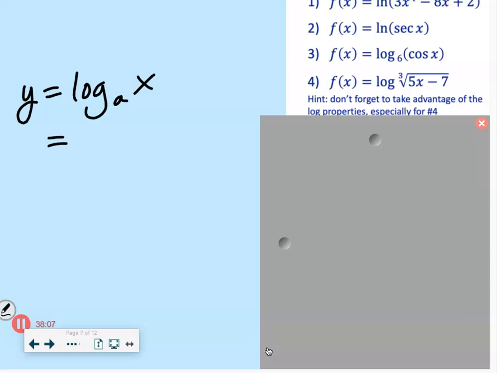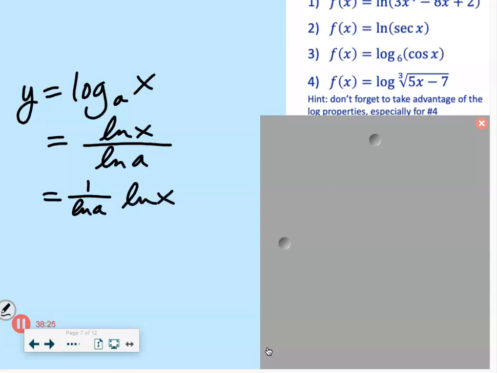So log base a of x is the same as what over what? Ln x over ln a. So this and this are exactly the same. All I have to do is write this as 1 over ln a times ln x.